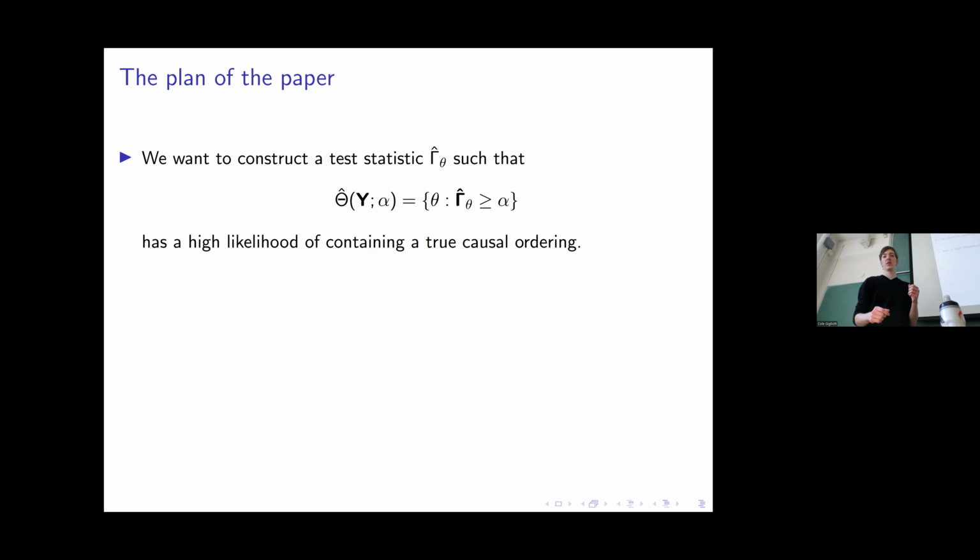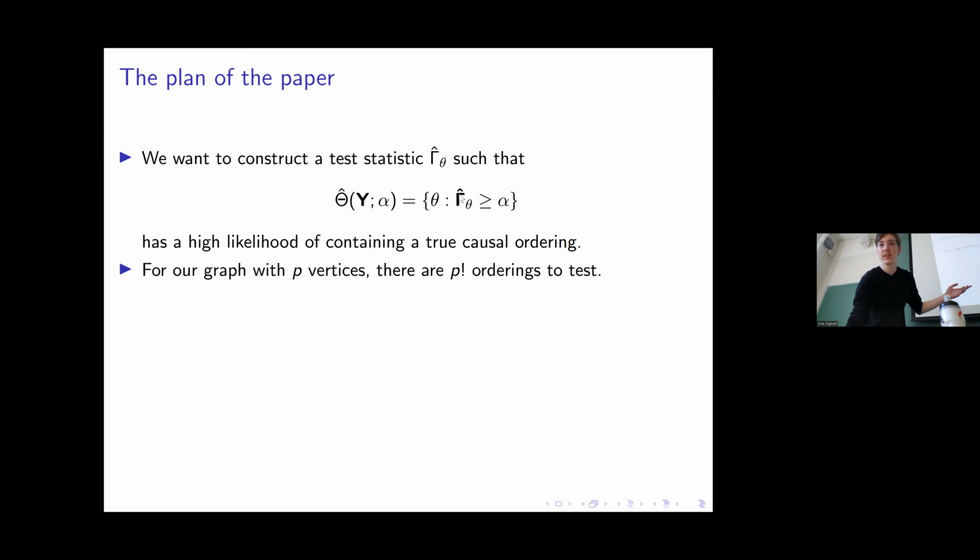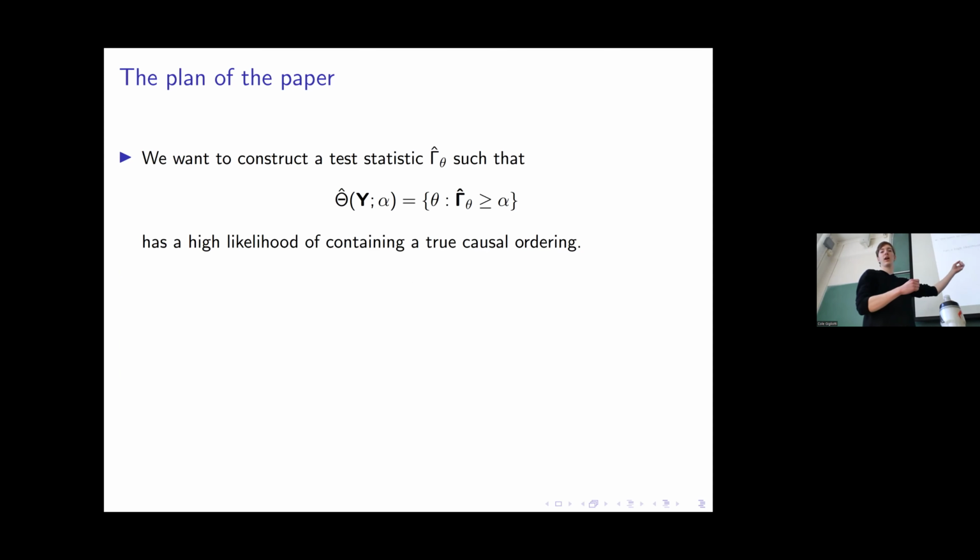And we're looking for a set of these thetas such that, when we are in this set, our test statistic is greater than some alpha, like the 90th percentile best orderings on our set.